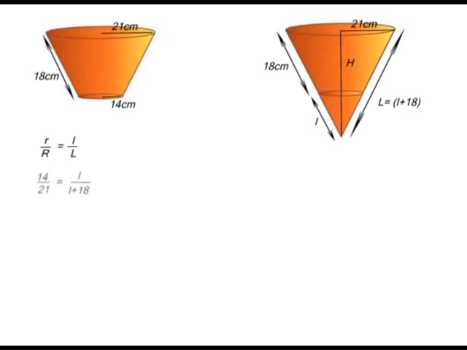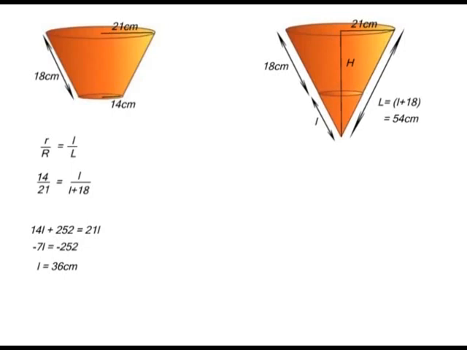And so 14 over 21 is equal to L over L plus 18. Cross multiplication, 14L plus 252 is equal to 21L. Minus 7L is equal to minus 252. L is 36 centimeters. And so the slant height of the entire cone is equal to 36 plus 18, and that gives us 54 centimeters.